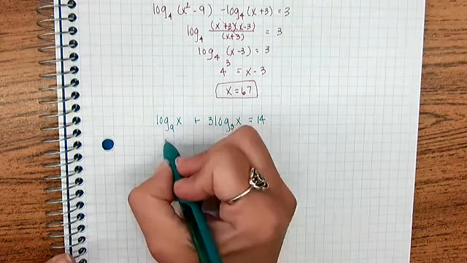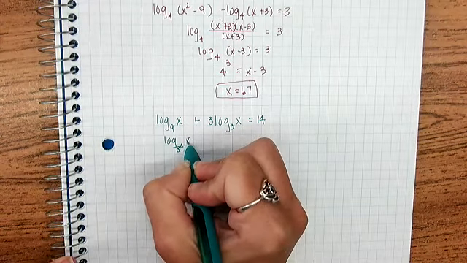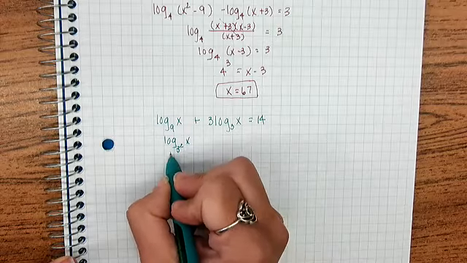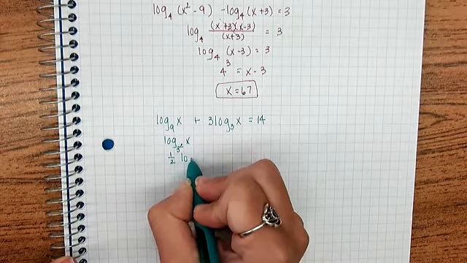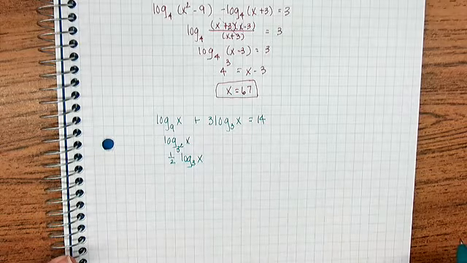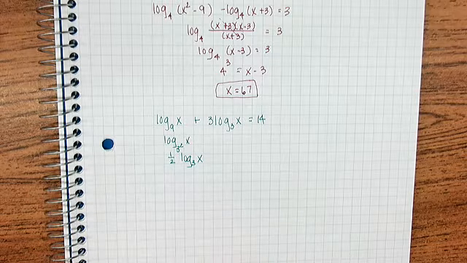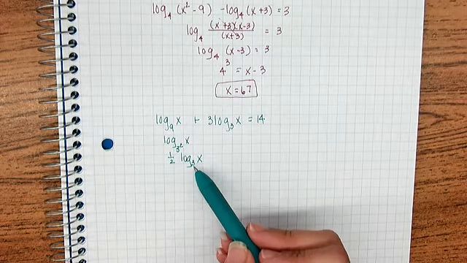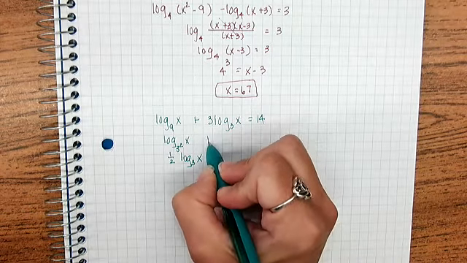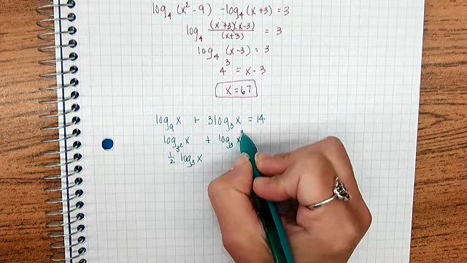The log base 9 of x is the log base 3 squared of x. The 2 comes out as 1/2. So I now have 1/2 times the log base 3 of x. The exponent, take it out as a reciprocal, which is 1/2. This is great. I have base 3. I have base 3. So this is going to become log base 3 of x cubed.